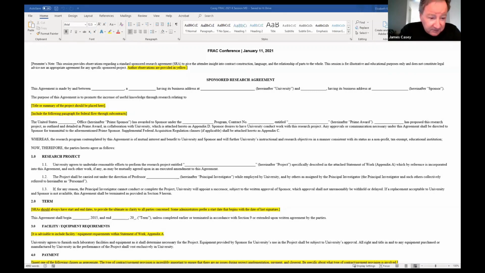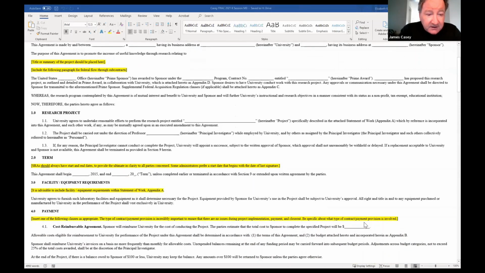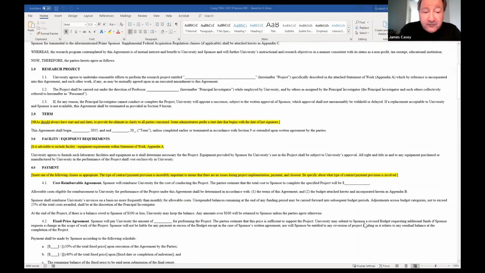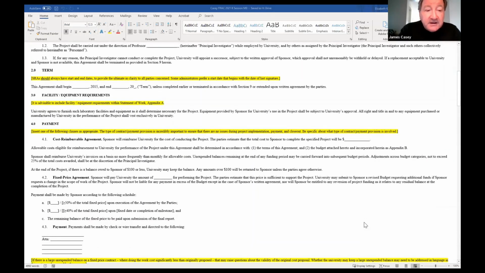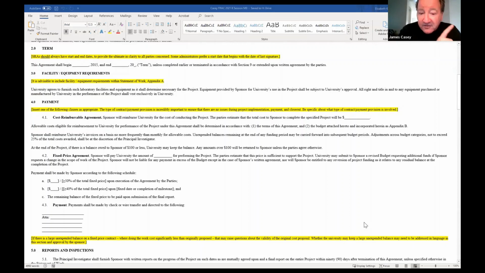Okay, you can scroll down a little. You'll see clause 3.0, which is faculty and equipment requirements. That stuff is very important. And once again, that material on facility and equipment should be in the statement of work, which is Appendix A, at the end. If you're in contract negotiation, you already know what a scope of work or a statement of work is.